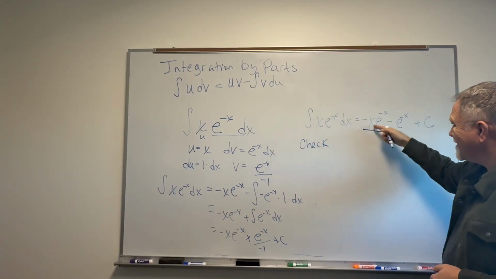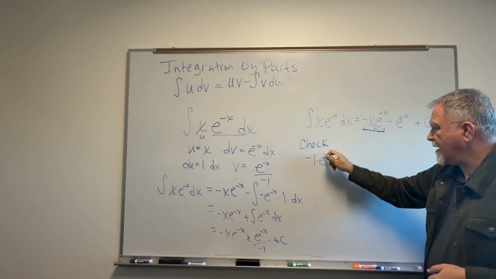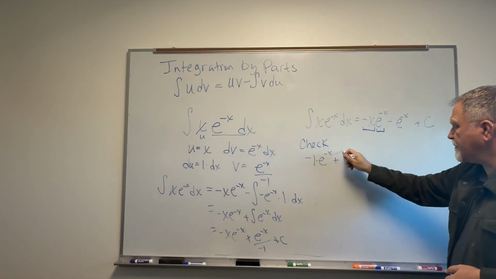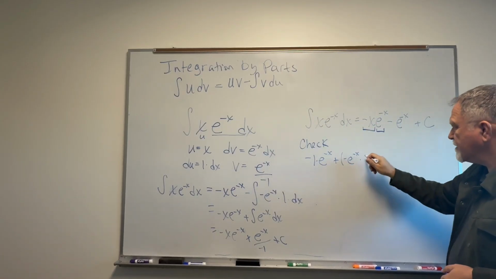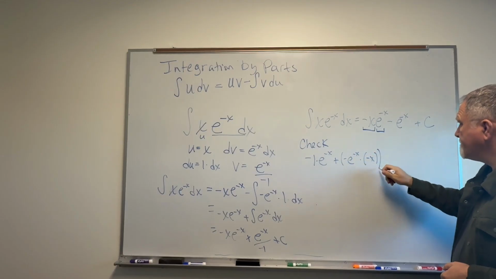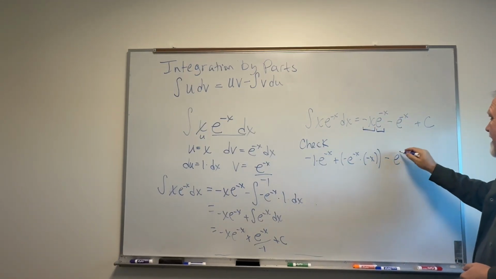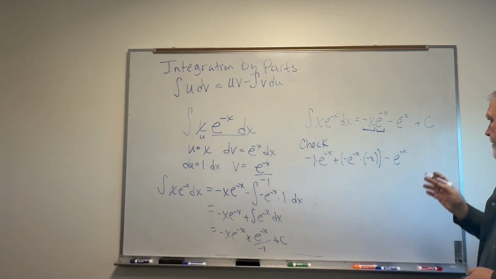Derivative of the first, it's just going to be a negative 1, times the second, which is e to the negative x, plus the derivative of the second, well, the derivative of this is going to be negative e to the negative x, times the first, which is negative x. That's the derivative of this piece. Then I've got a minus e to the negative x, and then the derivative of the constant, of course, is 0.